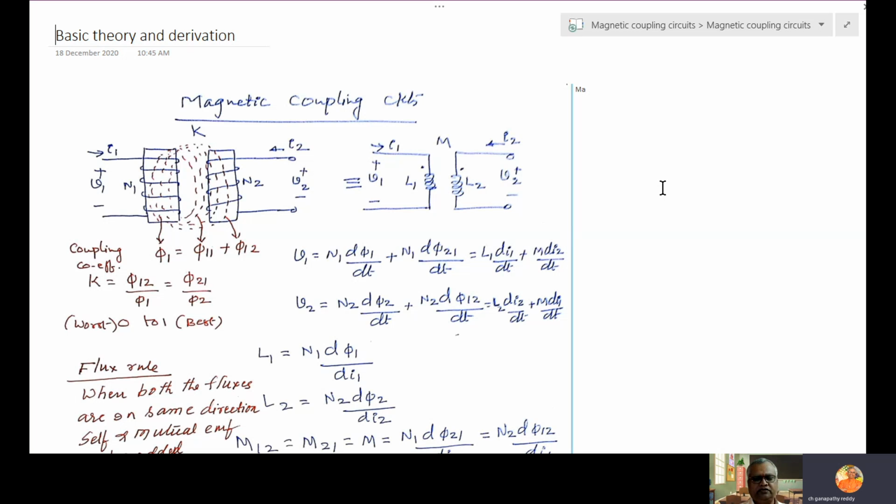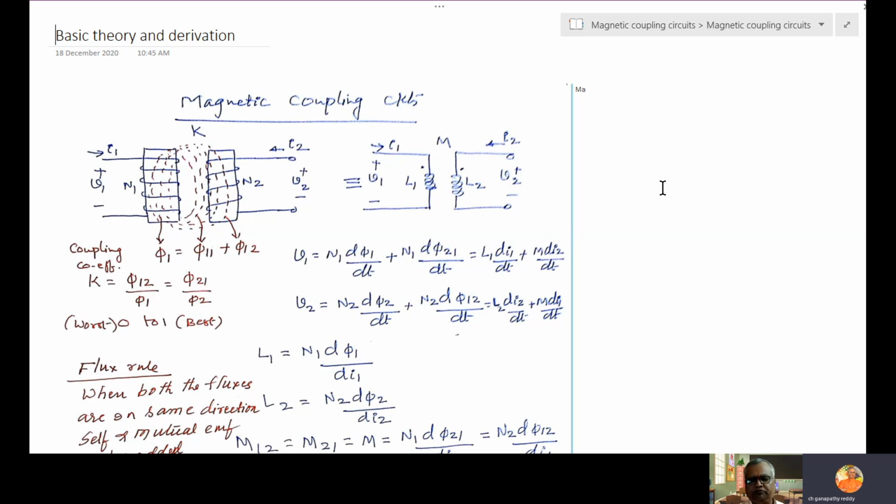Lenz's law tells us the polarity of the induced EMF, which side positive, which side negative. And the right hand rule helps determine the direction of the flux when we know the direction of current in the coil.